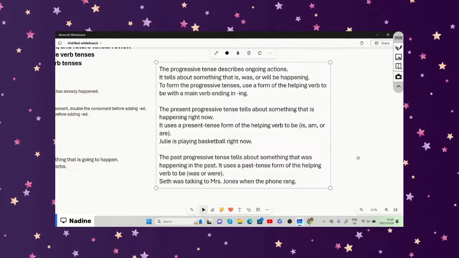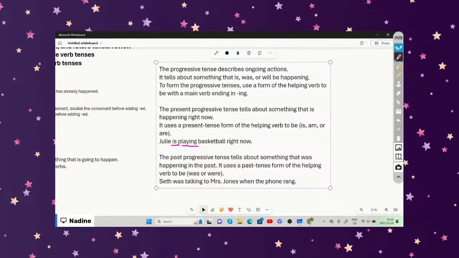If we look at an example of the present progressive tense, we can say Julie is playing basketball right now. Is playing refers to one person, singular, doing something.